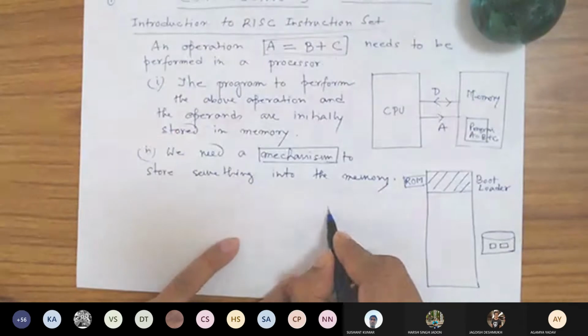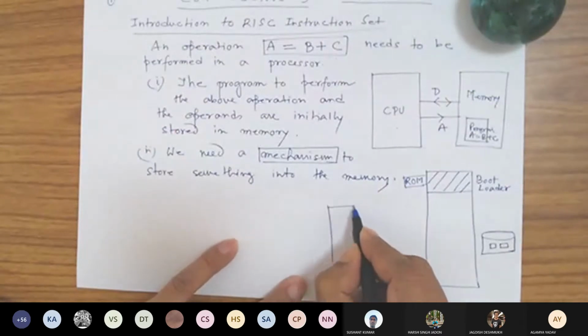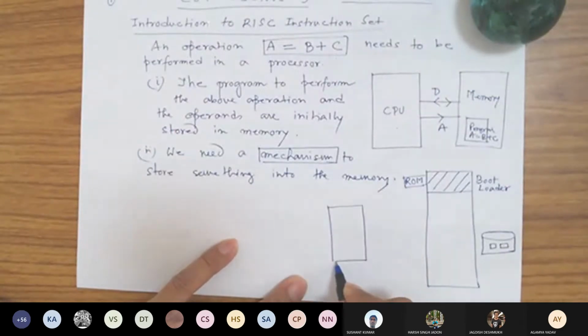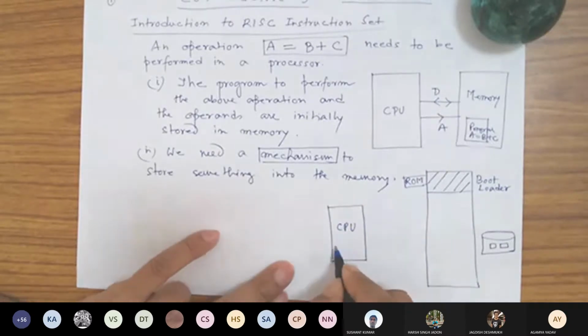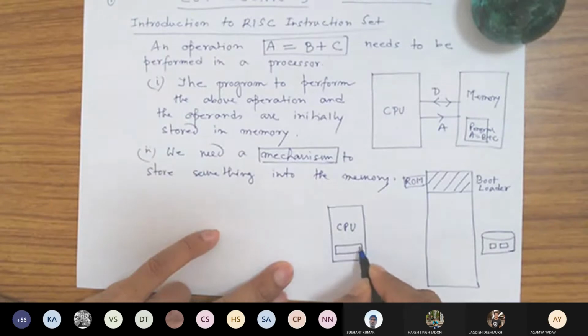What happens? Observe the sequence. In the CPU, there is a special register called PC.